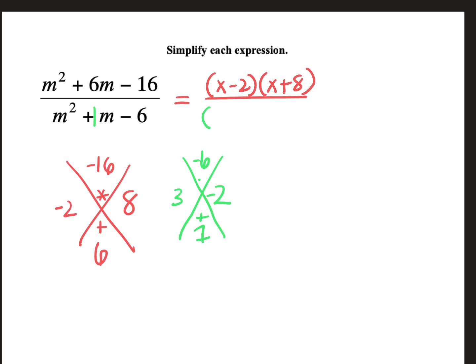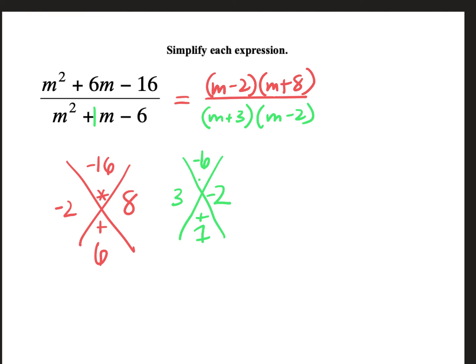So on the bottom, we are going to have m plus 3 and m minus 2. Technically, my x's up here were not x's. They should have been m's. So I'm just going to change that quick. You're probably like, Miss Sylvester, what are you doing? It said m. Where'd you get your x's from?